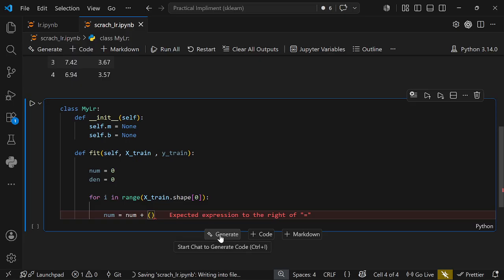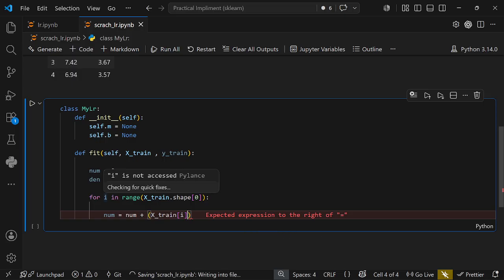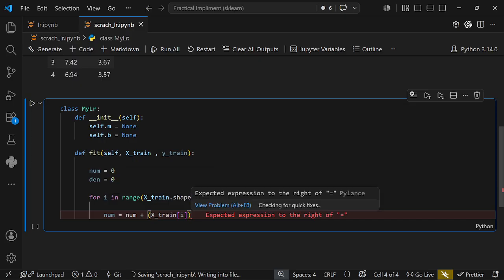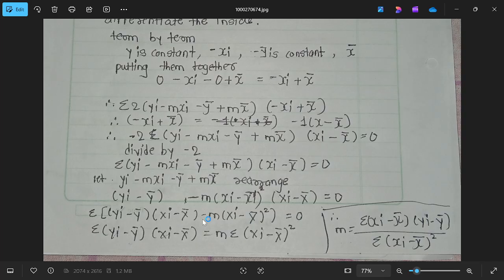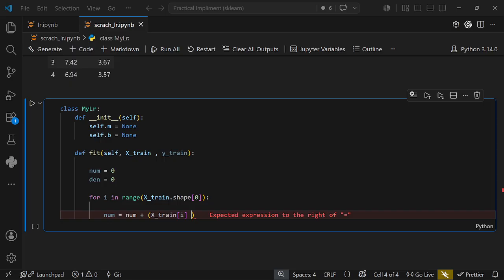The xi is nothing but x train i. Let's take the index directly. X train i will take the first value of the x train, and x train i minus x bar. Let's take the x bar here.